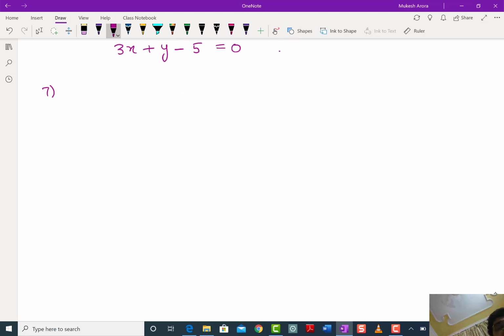So the another sum is that the points are (7, 1), (3, 2) and (1, 2), (3). Check whether these are collinear points.